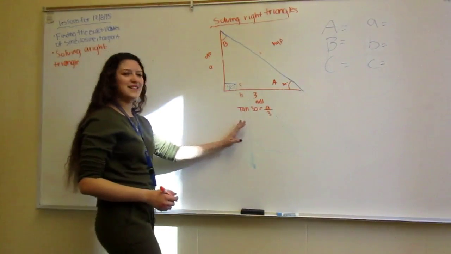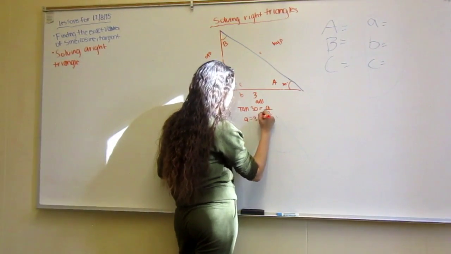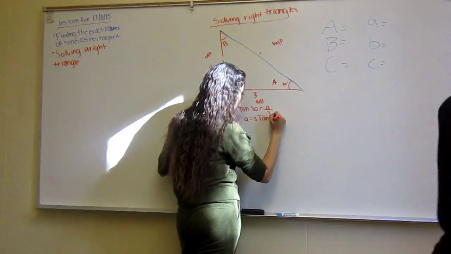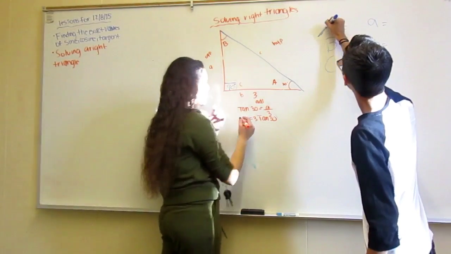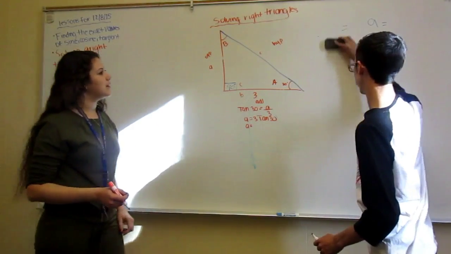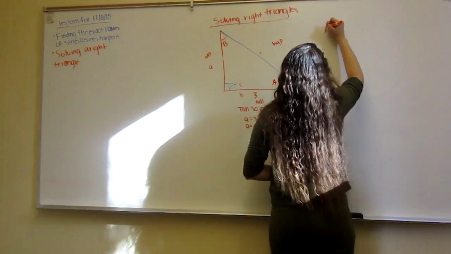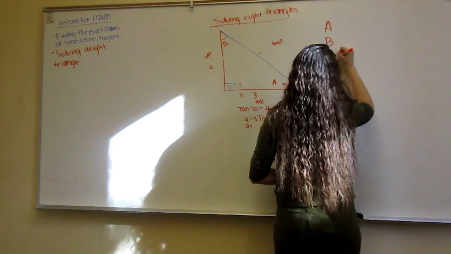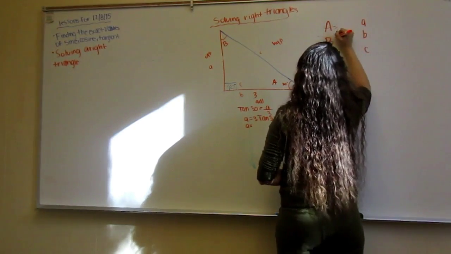Do you guys understand this? Yeah. Okay, now what we do is A equals 3 tangent 30. Do you guys understand this? Yeah. Okay, can someone tell me what little a is equal to? Opposite over adjacent.